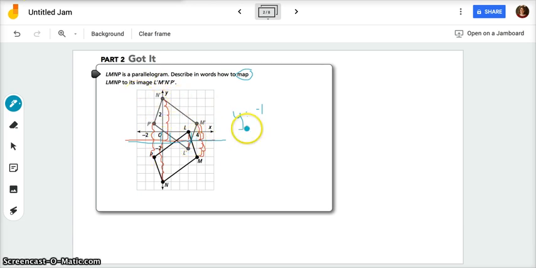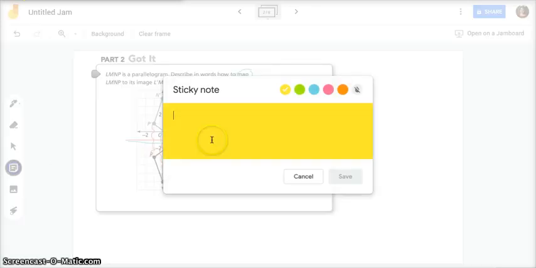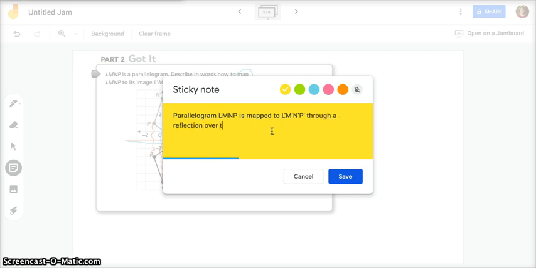So we could say in words, it would be something like, I'll add this up here, parallelogram LMNP, probably should use caps, is mapped to L prime, M prime, N prime, P prime through a reflection over the line y equals -1.